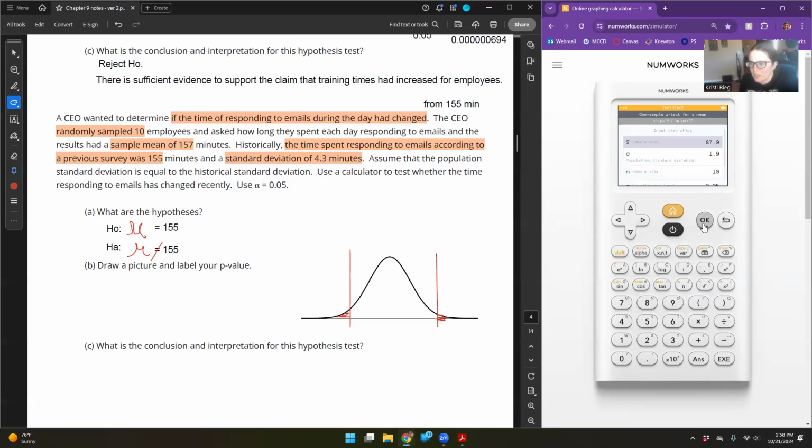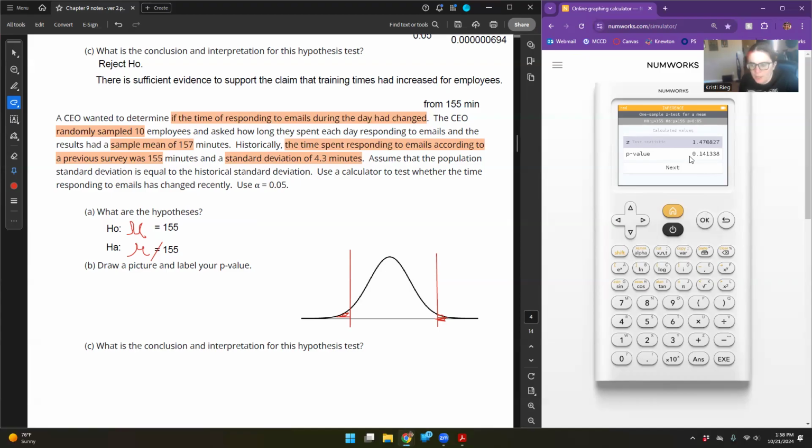Statistics, we'll do data set on the next one. Our sample mean is 157. Our population standard deviation was 4.3. Remember, we already used the 155, so that does not go on the screen. That was already used over here. Sample is 10. Alpha, this is a pretty common alpha, so you'll see that a lot.